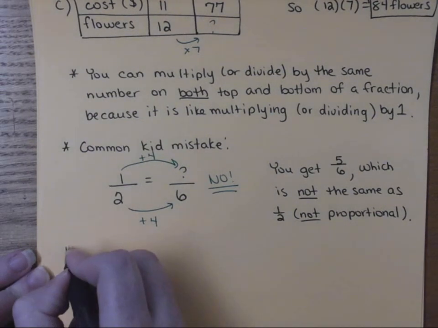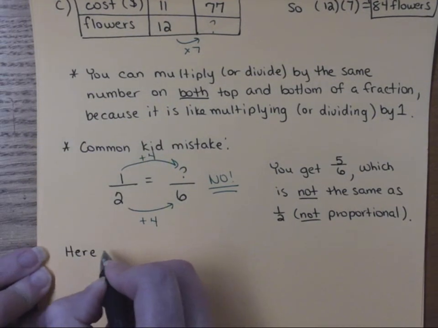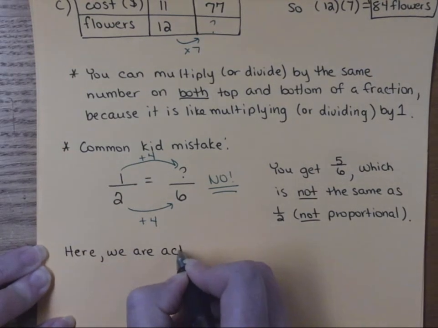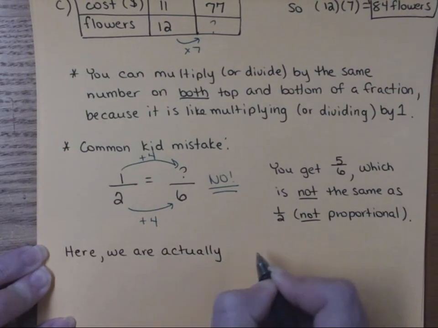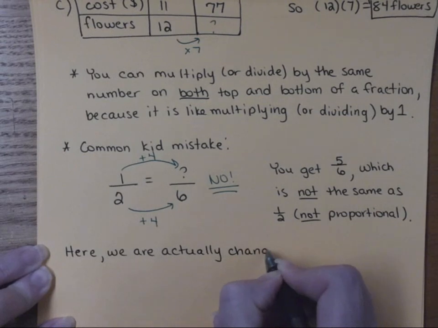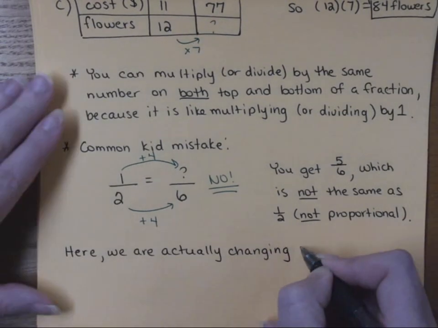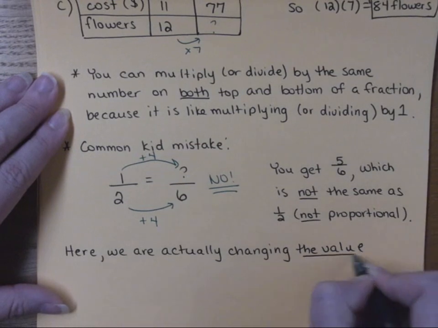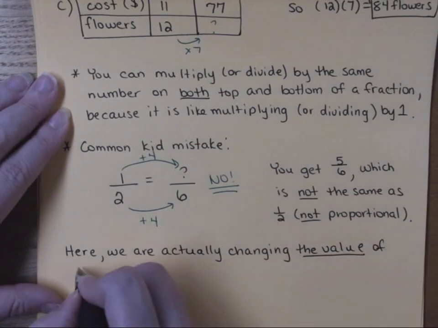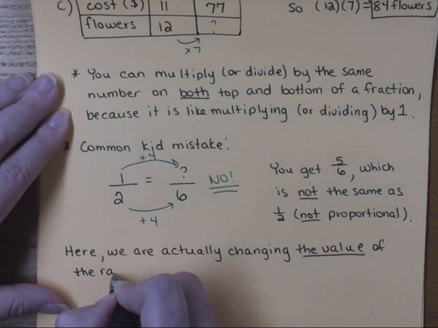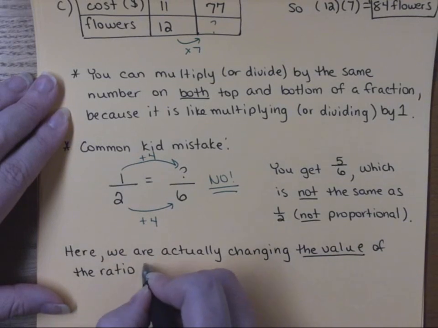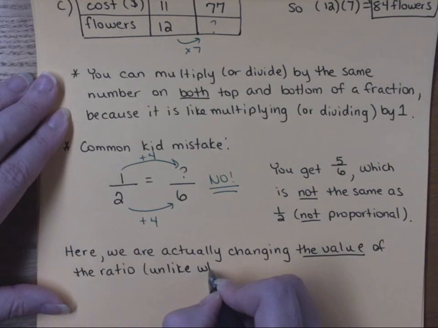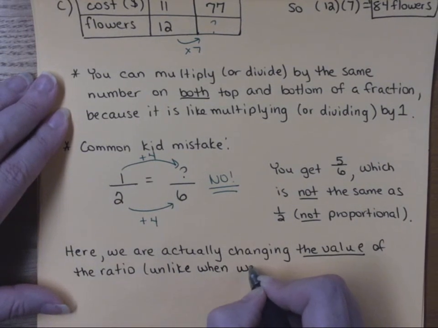Okay, so notice the reason this doesn't work is because here we are actually changing the ratio. We're changing the value of that ratio rather than keeping it the same. So even if we reduce it, we're not going to get the same thing back again. Okay, and that is unlike when we multiply by 1 and the value doesn't change.